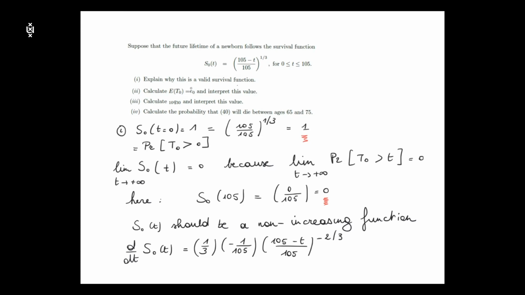What do we see? That this always takes a negative value for a t between 0 and 105. Because our derivative always takes a negative value, the survival function is non-increasing. So if you verify these three conditions, you are convinced that this is indeed a valid survival function.